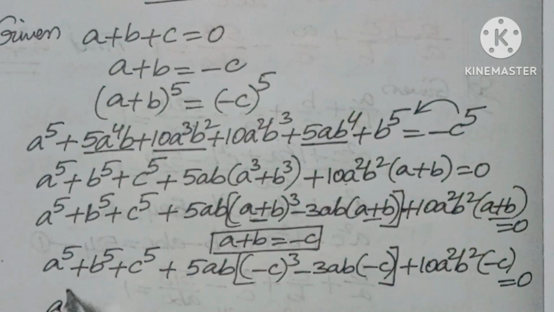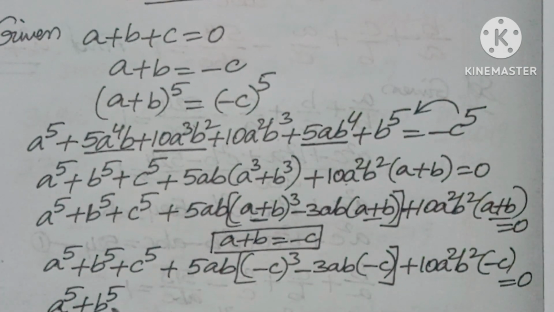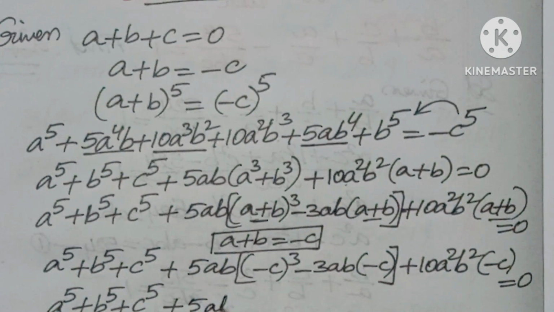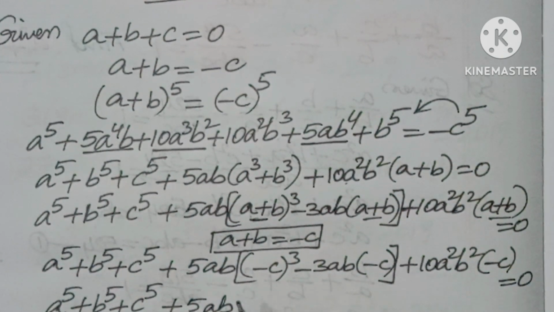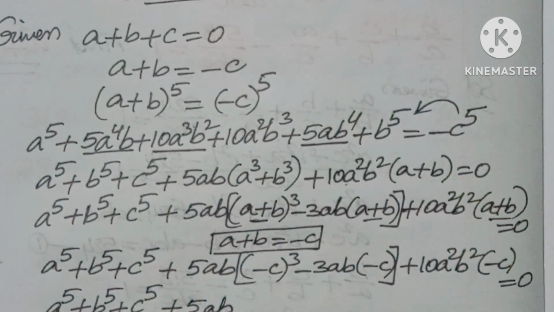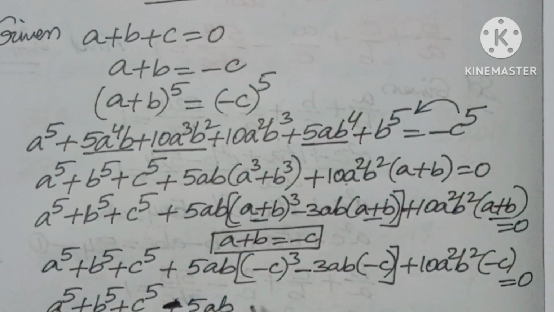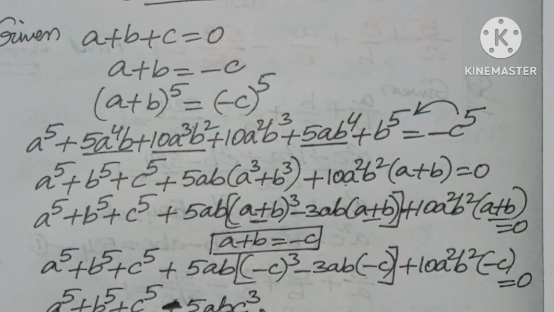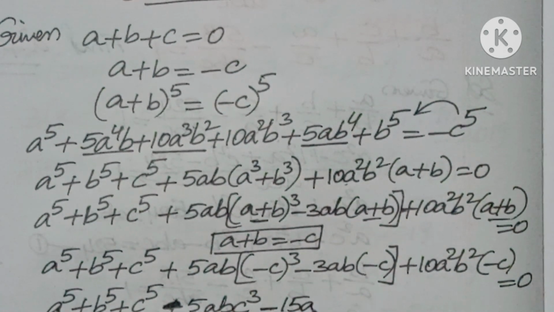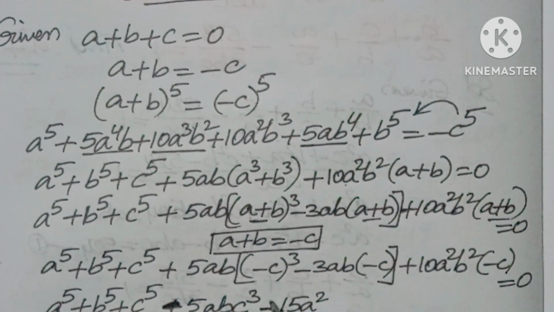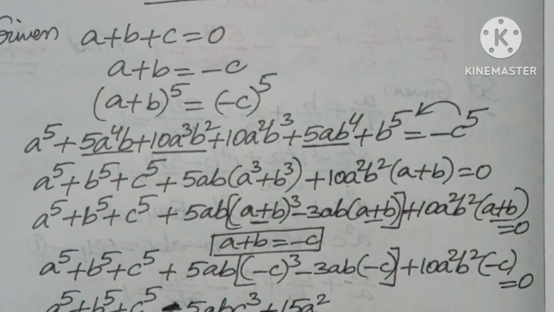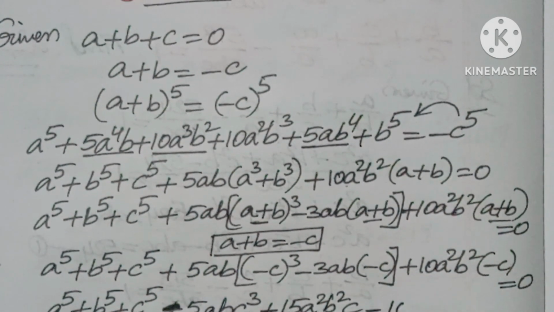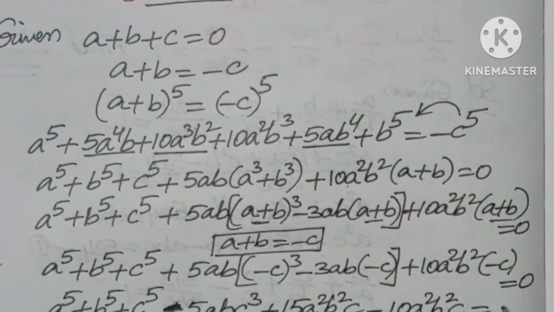Now if you open the bracket here, a to the power of 5 plus b to the power of 5 plus c to the power of 5 plus, you'll write here minus 5abc cube, here minus into minus plus 15ab square c minus 10 a square b square c equal to 0.